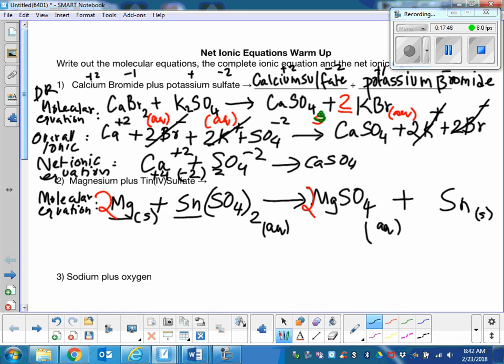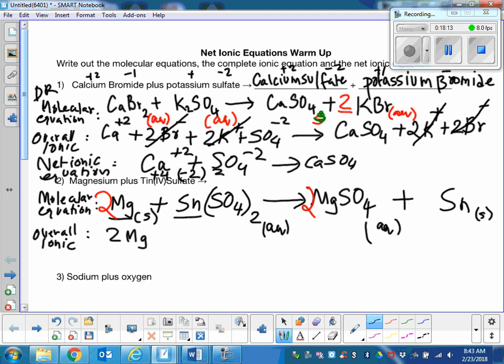Now I have to write the overall ionic equation. So solid is a solid. It's going to remain as it is. Is that right? Magnesium is a solid. So I'm just going to write it as 2Mg. I'm not going to do anything with it.